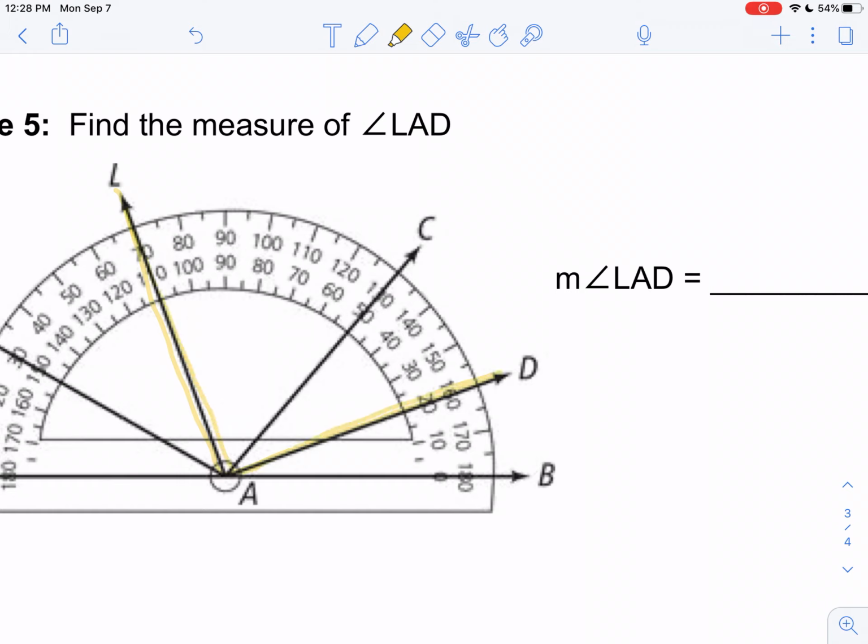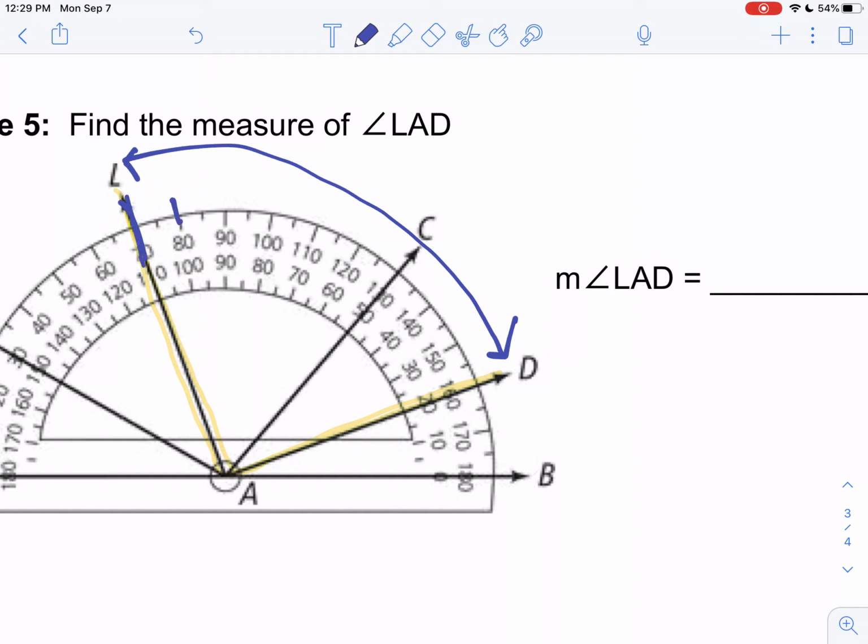Okay, so you'll notice here that we are not lined up with that bottom section of our protractor where it goes to 0. And in this case, we can't twist the protractor because it's locked in place on the paper on our iPad. So what we need to do is determine how many degrees we have hanging out in this area. I can just do it the old-fashioned way and count, or I could do a little bit of subtraction, it's up to you. So notice here that I'm at 70.